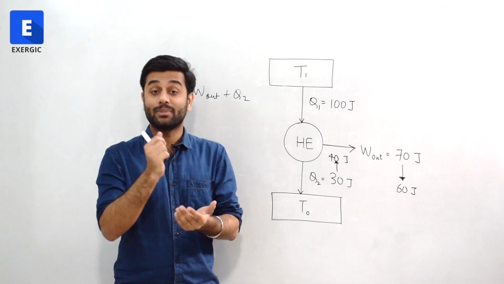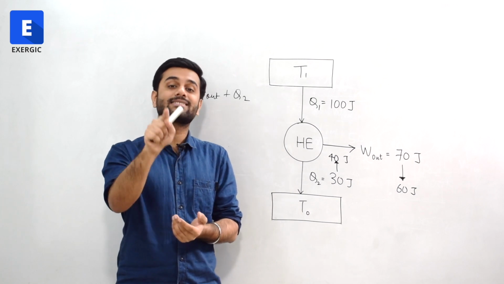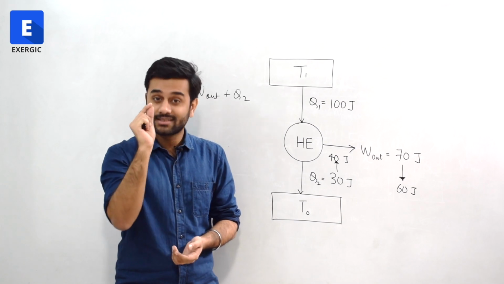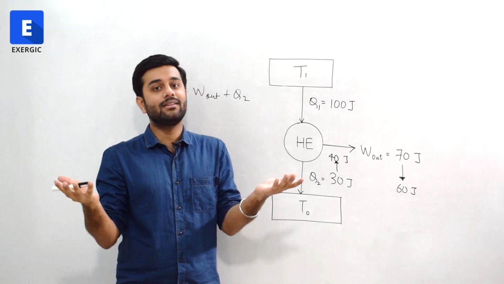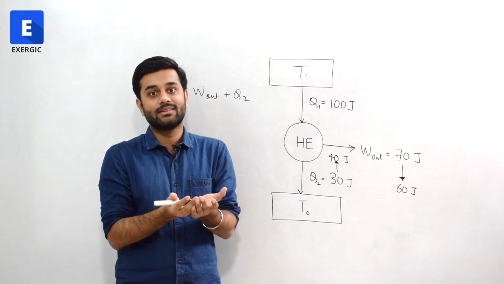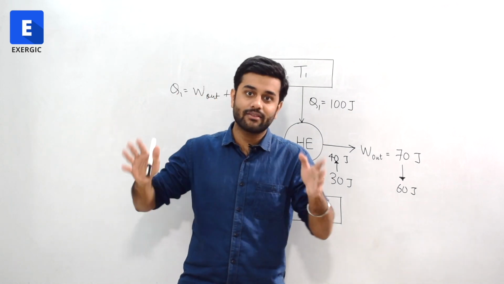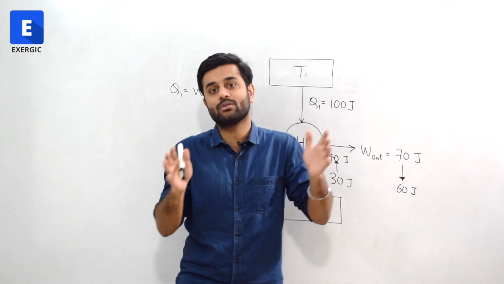But in case of exergy, you cannot say that. In case of exergy, there may not be conservation of exergy, though there is conservation of energy. Have we covered anything like conservation of available energy or conservation of exergy?